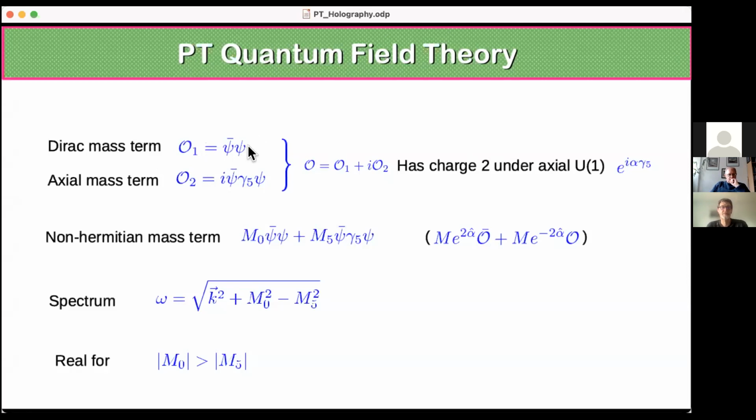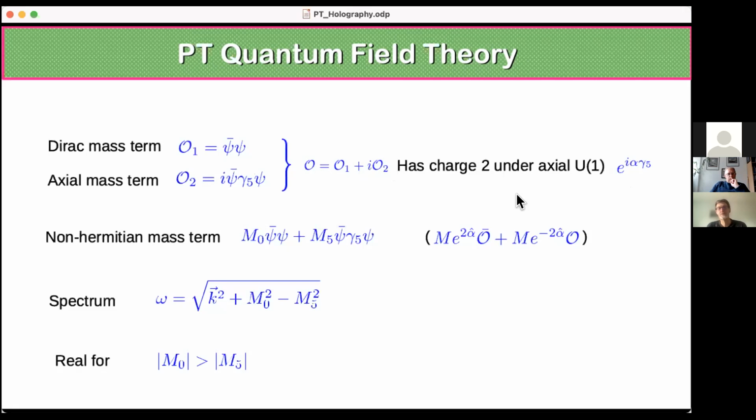And then if this is, say, a four-dimensional spinor, there is a partner axial mass term, which is i psi bar gamma 5 psi. And these two transform into each other under a chiral rotation, a U1 rotation, which is generated by gamma 5. And you could build a complex linear combination of these two operators, and this operator is an eigenstate of this transformation. So it has charge 2 under this axial U1.